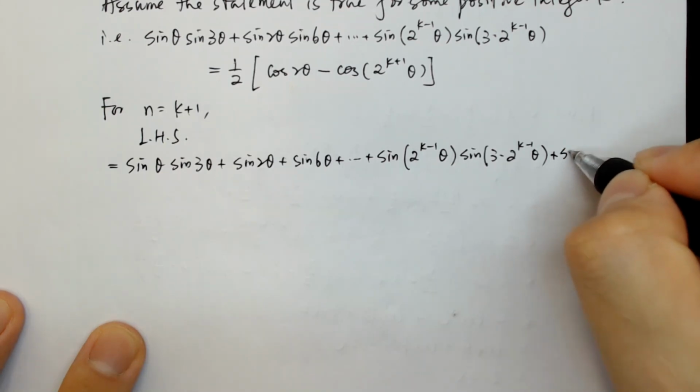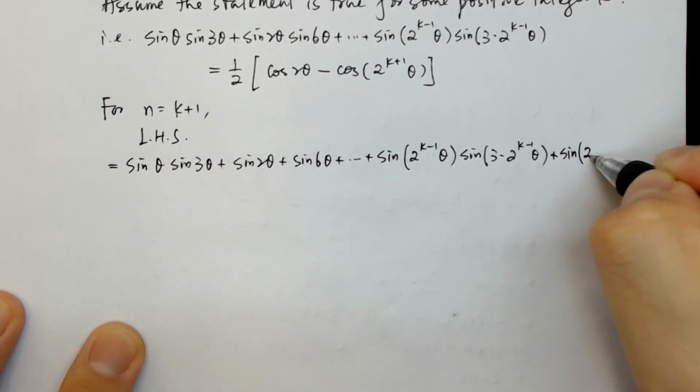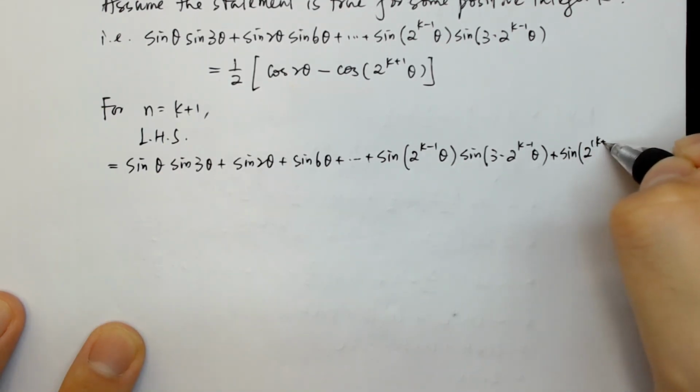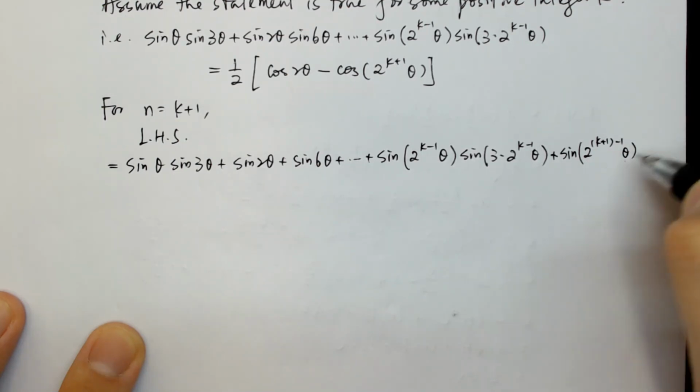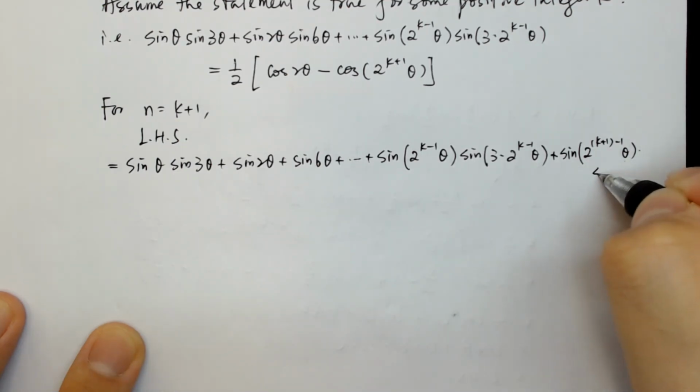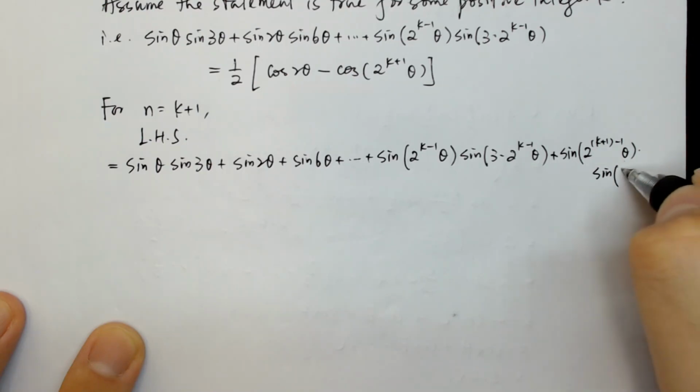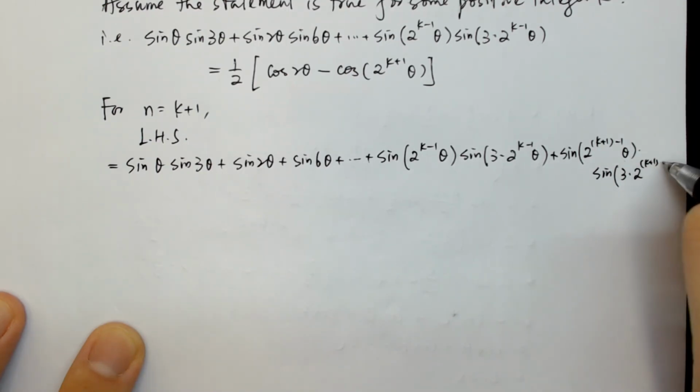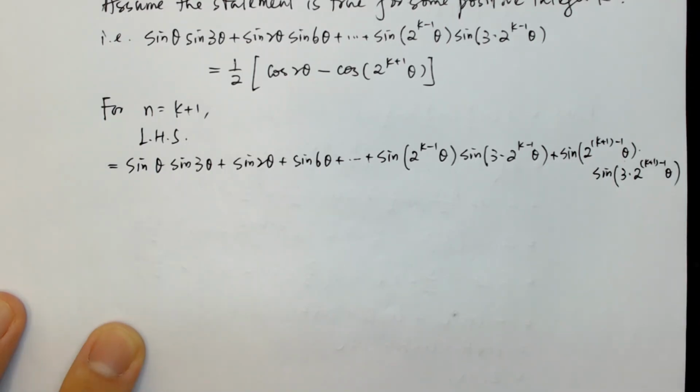So we have sine of 2 to the power of k plus 1 minus 1 theta and sine of 3 times 2 to the power of k plus 1 minus 1 theta.